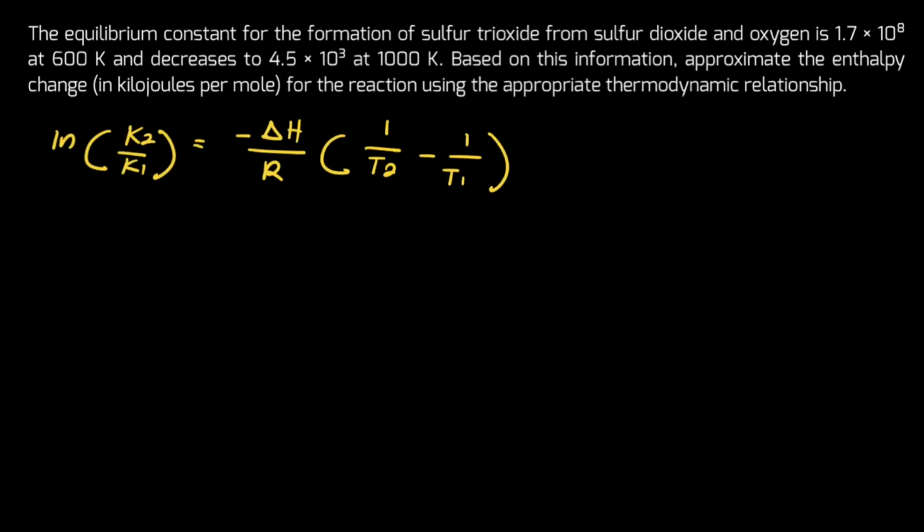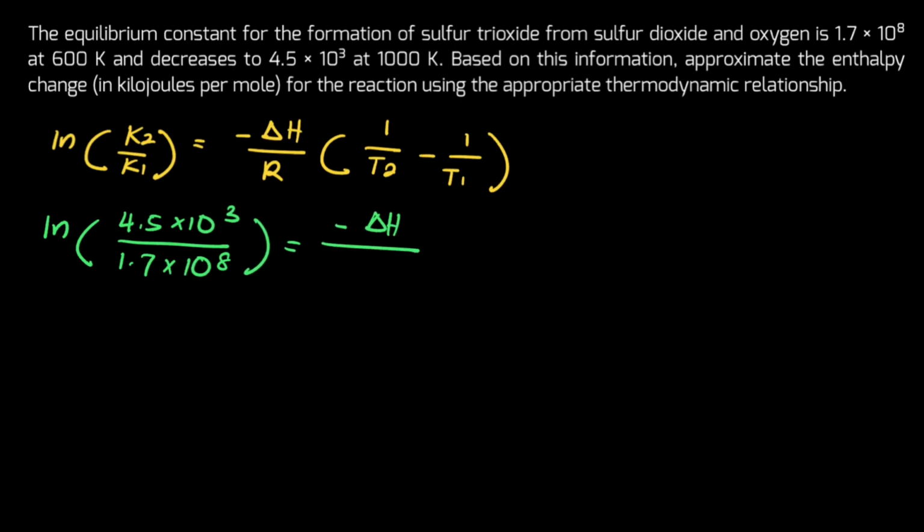Alright, so now we just have to plug in the values given in the question. So I'm going to use K2 above. So it's going to be 4.5 times 10 to the power of 3 divided by 1.7 times 10 to the power of 8 is equivalent to negative delta H divided by R, which is 8.314 joule per mole Kelvin, and then your 1 over T2.